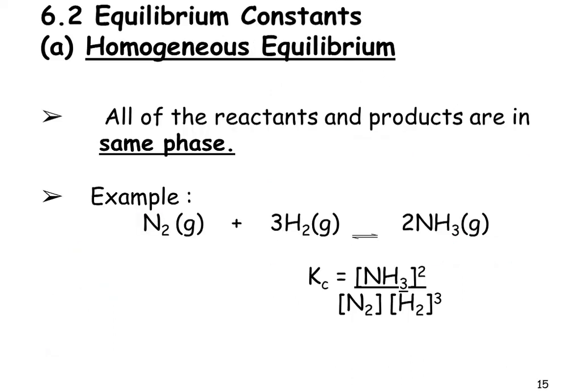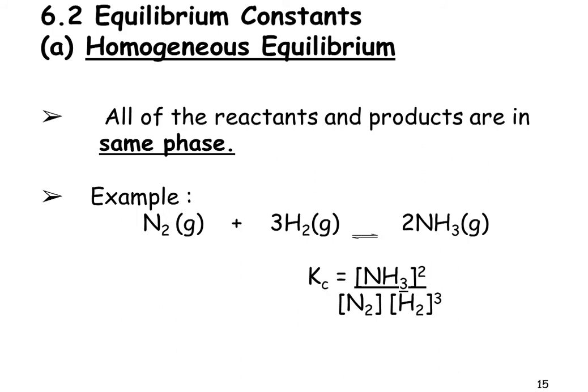There are two types of equilibrium. The first one is homogeneous equilibrium, and the second one is heterogeneous equilibrium. So what is homogeneous equilibrium? Homogeneous equilibrium means all of the reactants and products are in the same phase. Example: the reaction to produce ammonia.